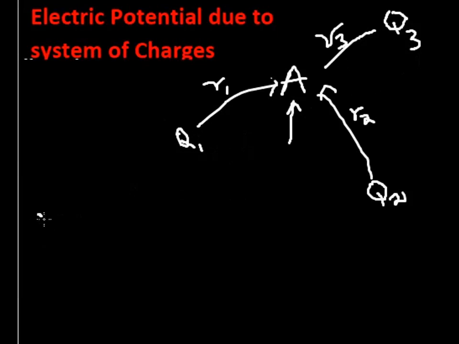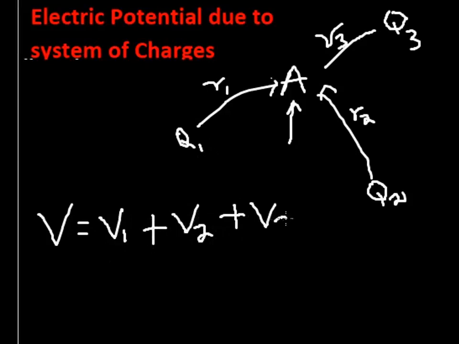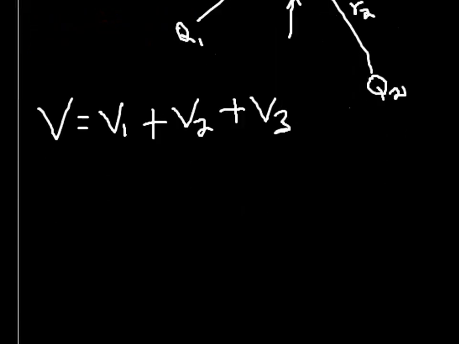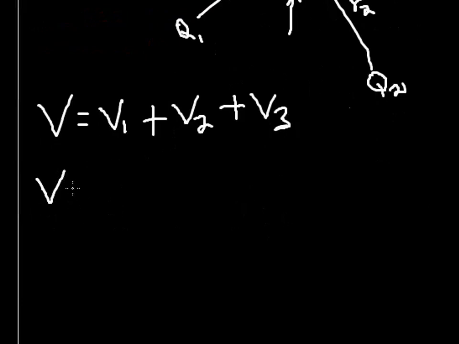So the total electric potential is going to be V1, the potential due to Q1, plus V2, the potential due to Q2, plus V3, the potential due to Q3. Now let's do that. Don't forget our formula for potential.